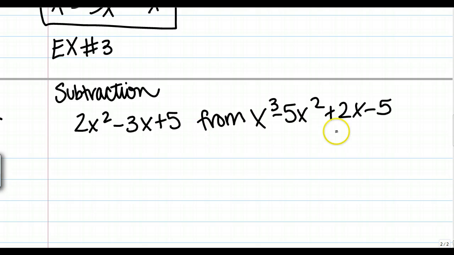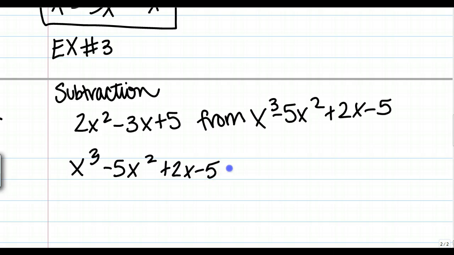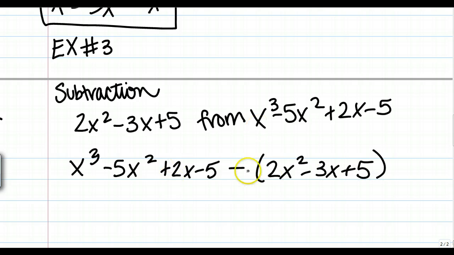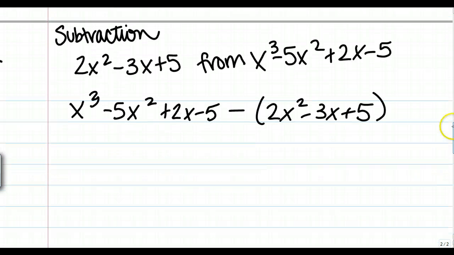Whenever it says subtract from, it means that you are taking x to the third minus 5x squared plus 2x minus 5, and you are subtracting 2x squared minus 3x plus 5. So you kind of have to rewrite the equation, so the second one goes first and the first one goes last. Now, if you also notice, I put it in parentheses.